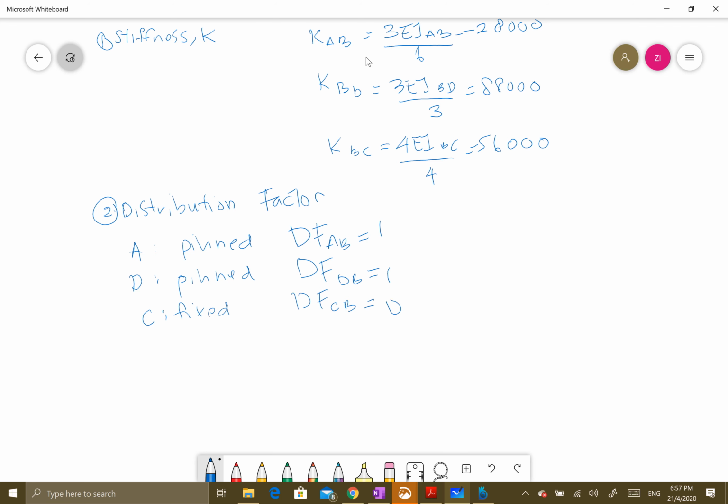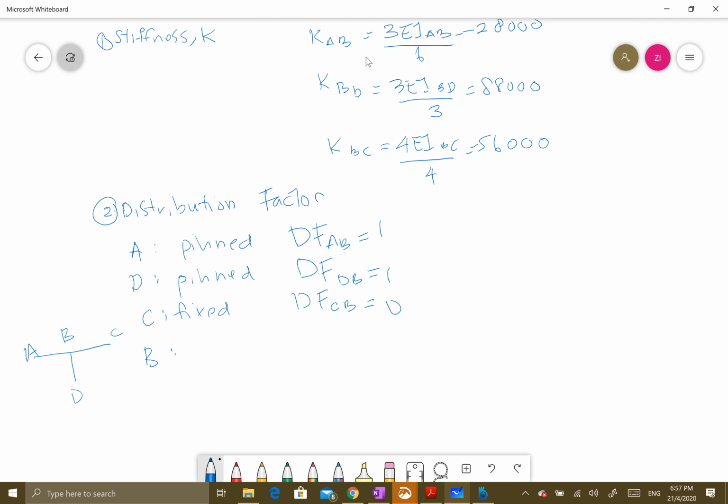Okay, so for joint B, if you see, so B is connected to A, D and C. Okay, so you have to find 3 cases.